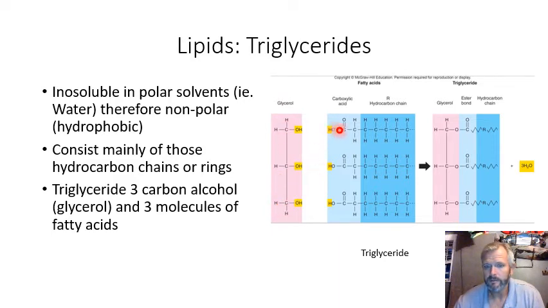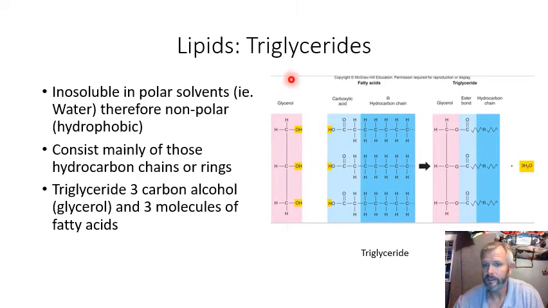You can see fatty acid binds here, fatty acid binds here, and what do you see happening? What gets formed as this bond between the fatty acid and the glycerol takes place? We form water. Again, we're doing a dehydration or a condensation reaction to form these triglycerides. This is how your fats get stored, as these triglycerides.